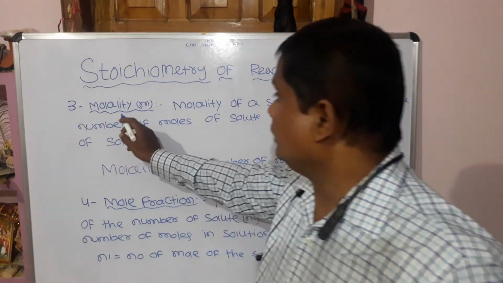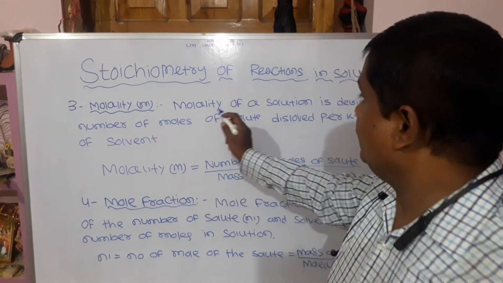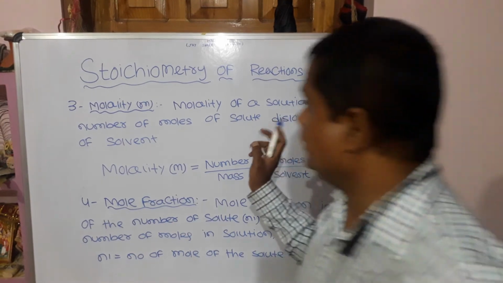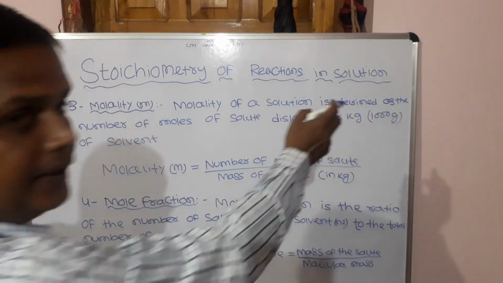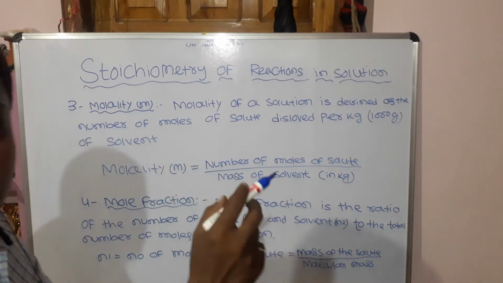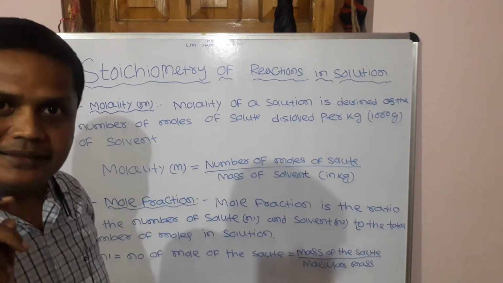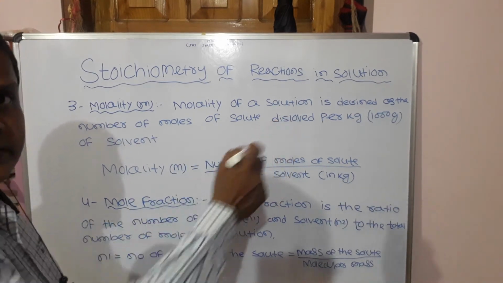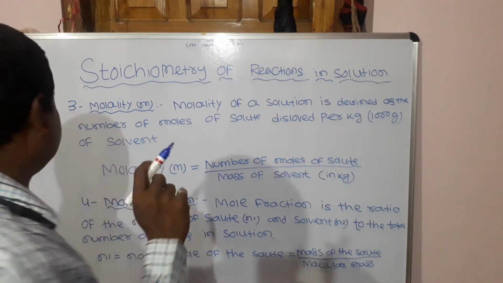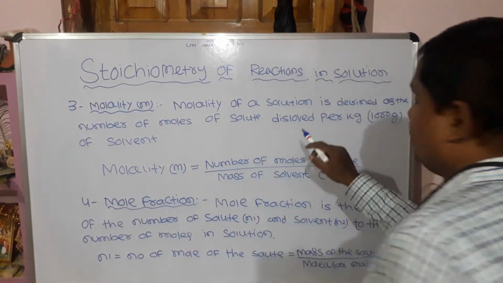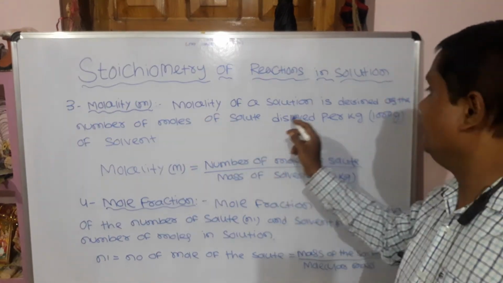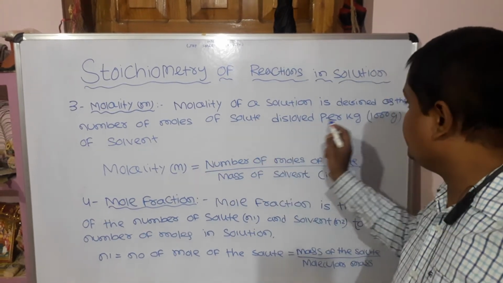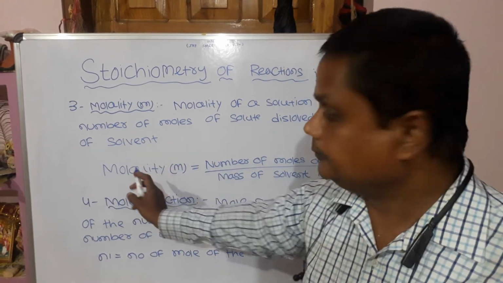Third point, molality, small m. Molality of a solution is defined as the number of moles of solute dissolved per kg of solvent.